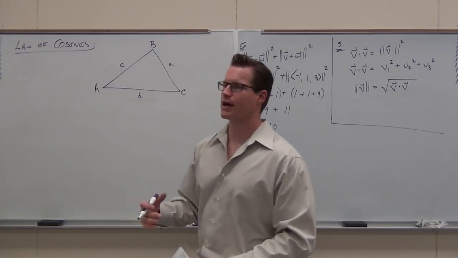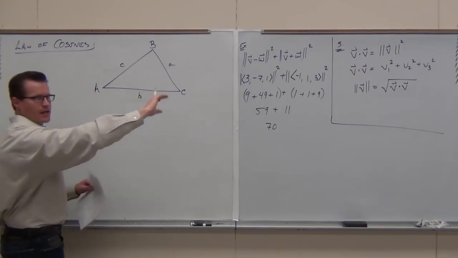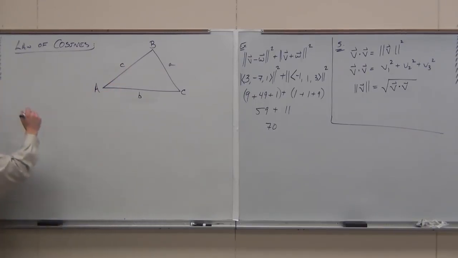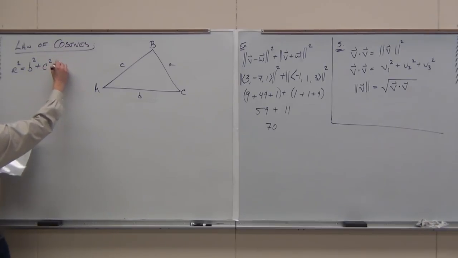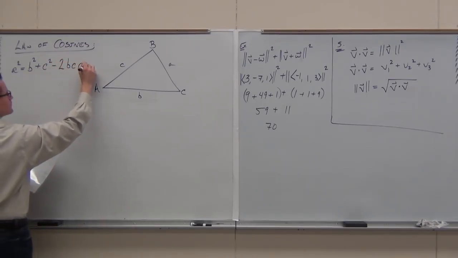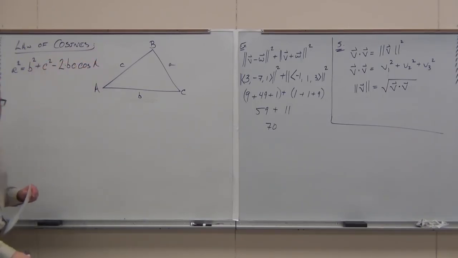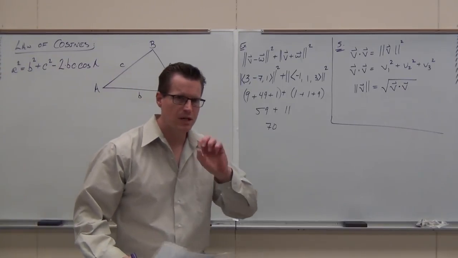What the law of cosines says is a way to relate these angles to the lengths of the sides. It says this. Just so you know, those are 3 numbers in there.